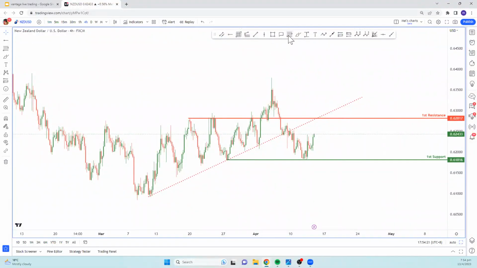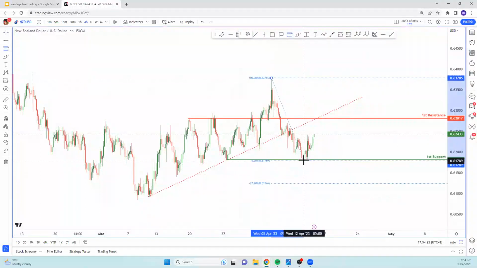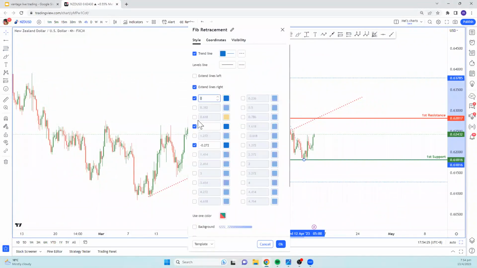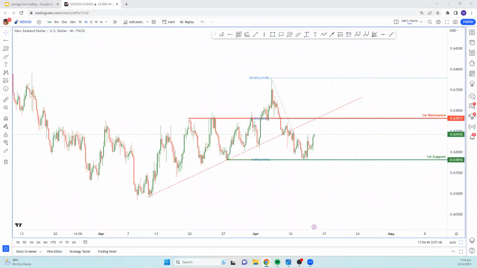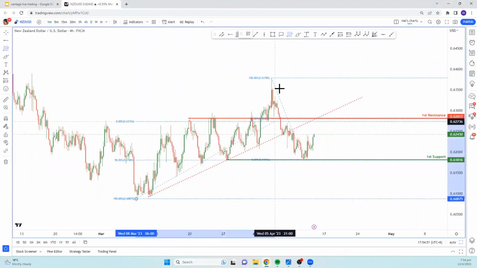Let's go in with our Fibonacci levels now. So here I have a retracement, and I can see my 50% lines up with my first resistance. So I'm just going to keep the 50%. Now let's see if we have another retracement from here to here.